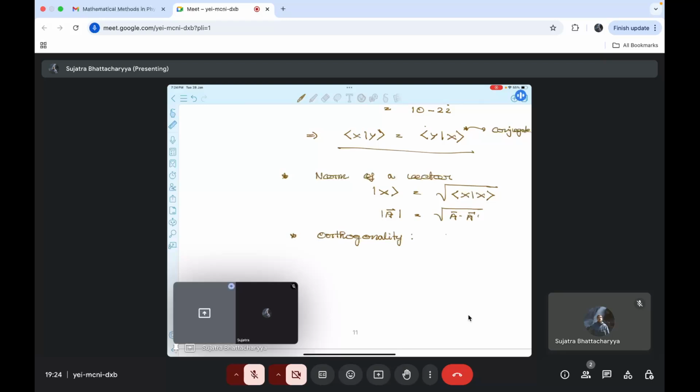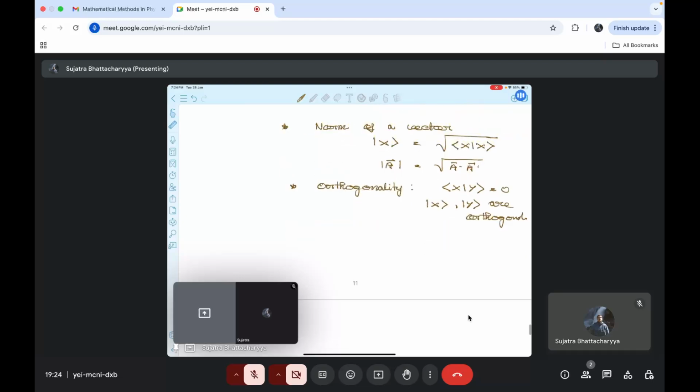What is orthogonality? You can see that the inner product of x and y should be equal to 0. Similarly, as we have done in the dot product, a dot b should be equal to 0, so that theta is 90. If this is the case, then x and y are orthogonal. That's all. Fine.